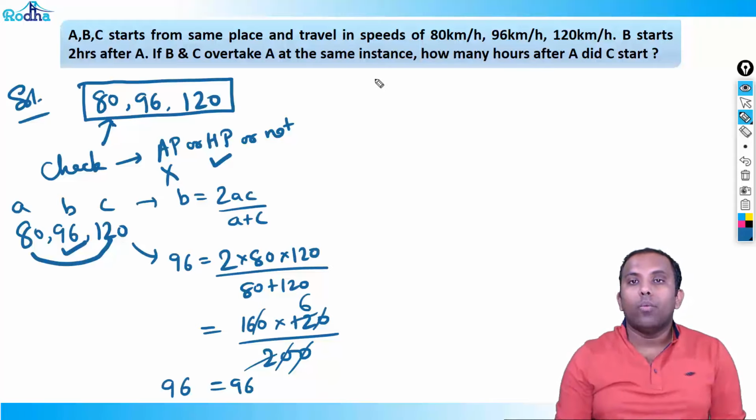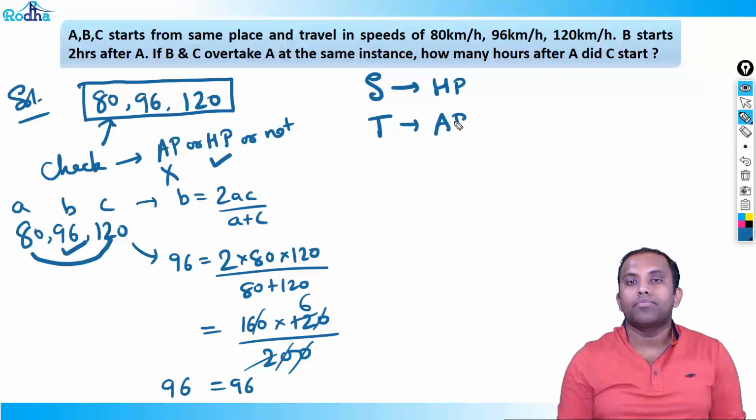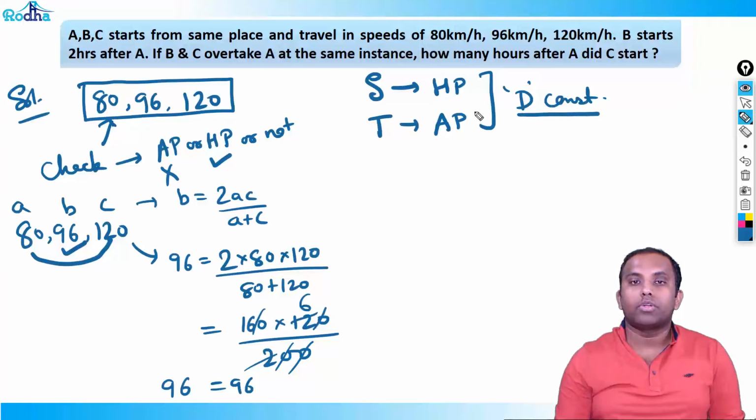Because when speeds are in HP, then time has to be in AP because distance is constant. Here we are talking about the same place and the same distance, so distance is constant, so it is always true.